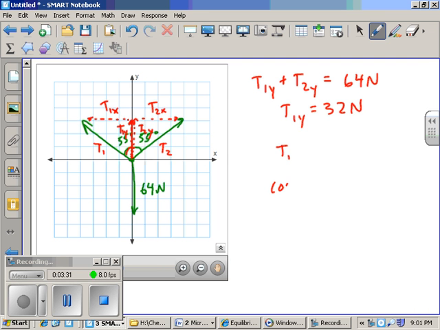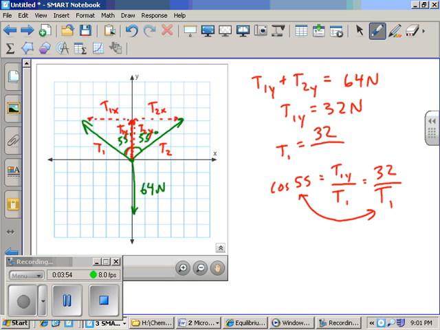So cosine of 55 has to be equal to the adjacent, T1y, over T1, the hypotenuse, which is 32 over T1. Again, these two can switch places, so T1 has to be equal to 32 divided by the cosine of 55.